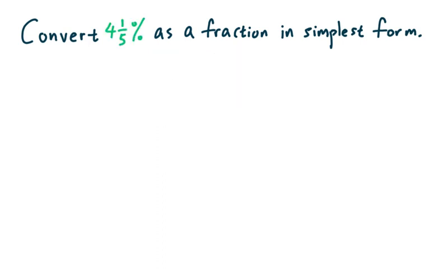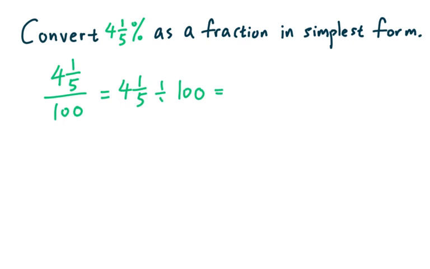Second example, we want to convert 4 and 1/5% as a fraction in simplest form. So again, we want to first write this percentage as the comparison of 4 and 1/5 to 100. And this long fraction bar in the middle represents division, so we can rewrite this as the quotient of 4 and 1/5 and 100.